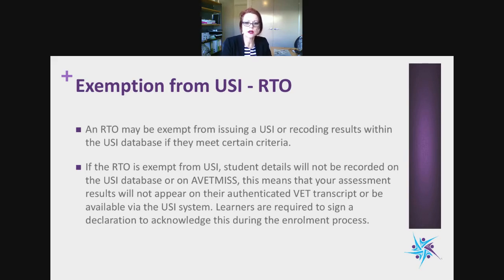Any organisation where issuing a USI may increase the risk to the security of Australia is not required to issue USIs. For example, New South Wales Police, the Armed Services or the Federal Police. So they're exempt from USI due to security measures to protect Australian citizens.